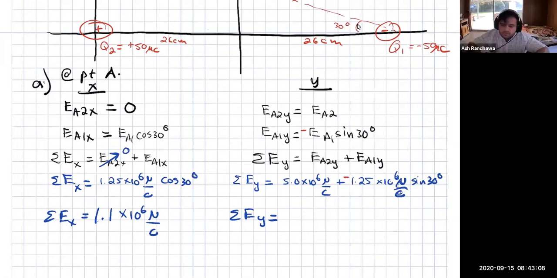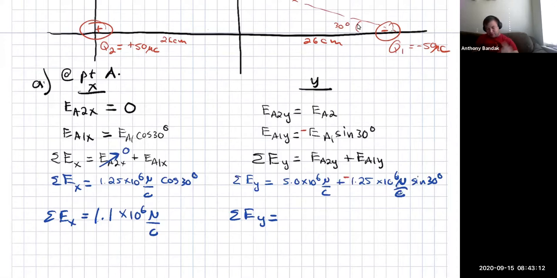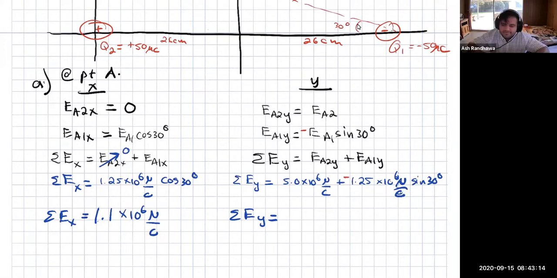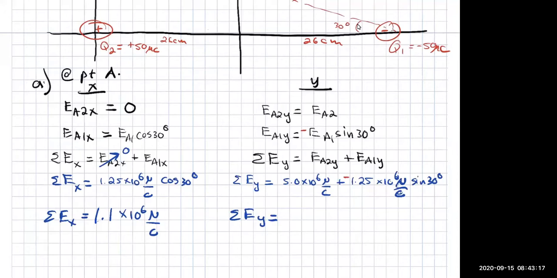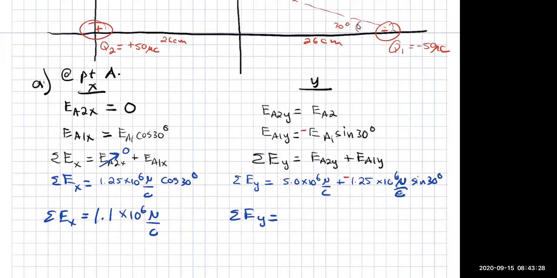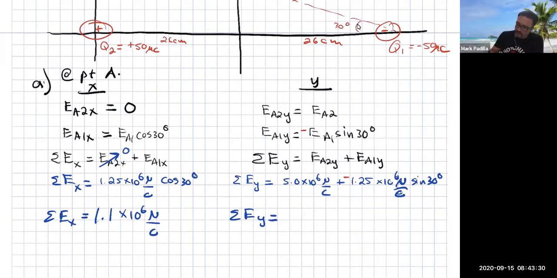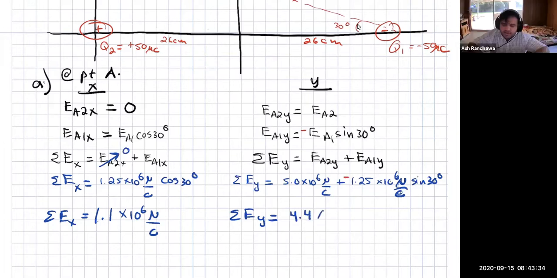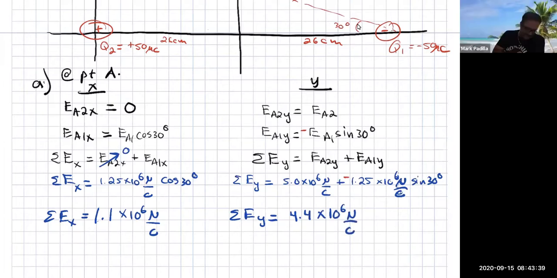Yeah. So 5.0 times 10 to the 6th minus 1.25 times 10 to the 6th divided by 2. 4.4 times 10 to the 6. Yeah. It's annoying how simple dividing 1.25 by 2 would seem, when in reality you're like, ah, crap.